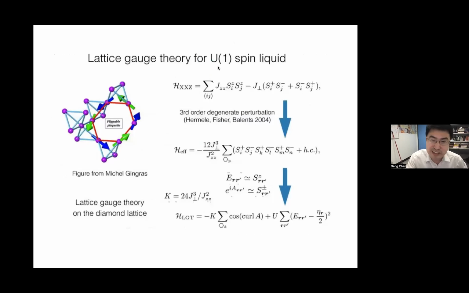The model here is not really involving DM interactions. But if you write down this microscopic Hamiltonian in the global coordinate basis, you can have these DM interactions. But I don't think DM interaction matters here.